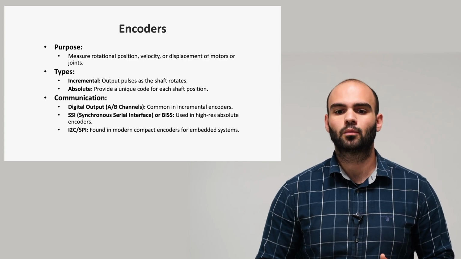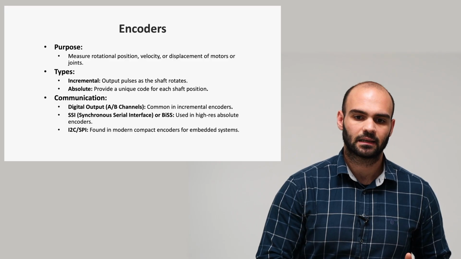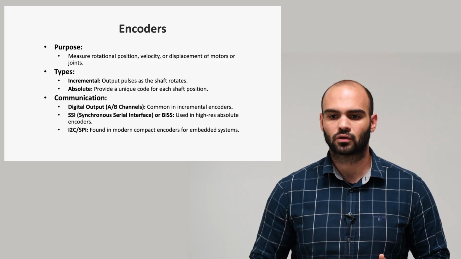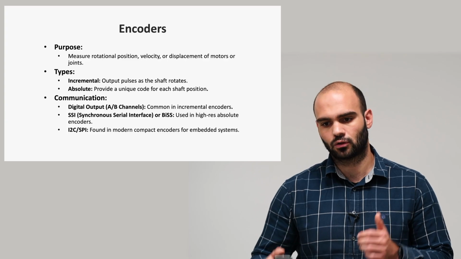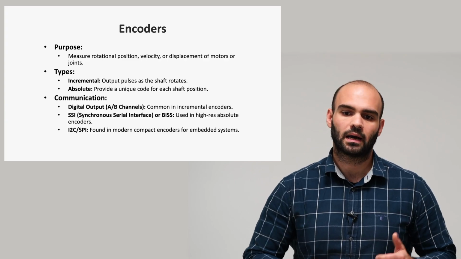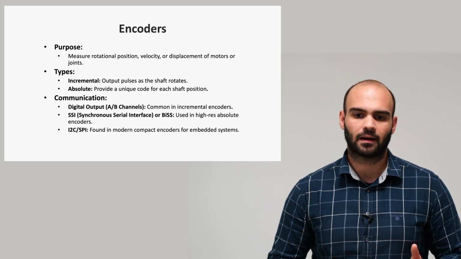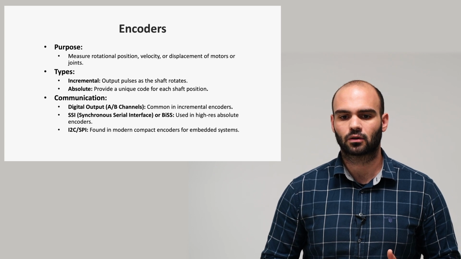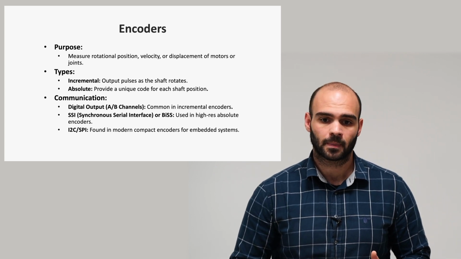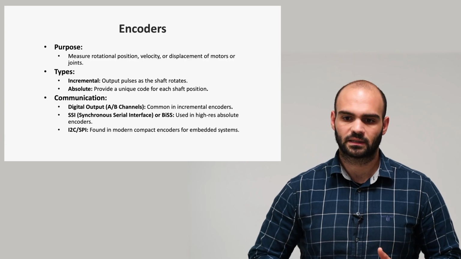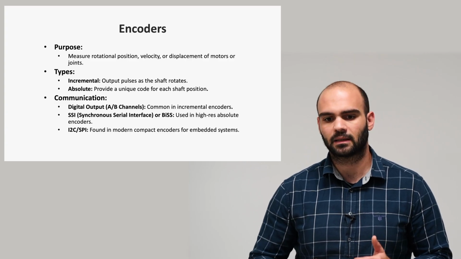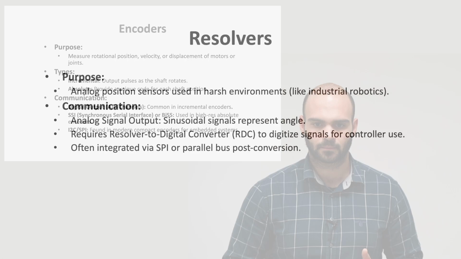Digital AB channels are common in incremental types. SSI or BiSS are often used in high-precision and high-resolution absolute encoders, while I2C and SPI are found in modern encoders for embedded systems. In short, encoders give robots accurate motion feedback, which is essential for tasks that demand precision and repeatability.